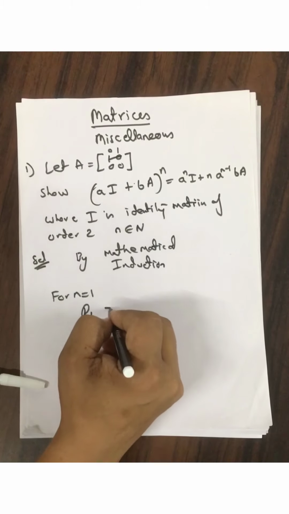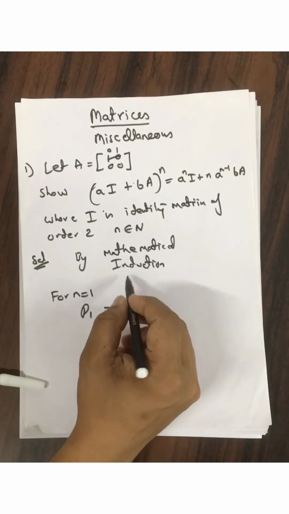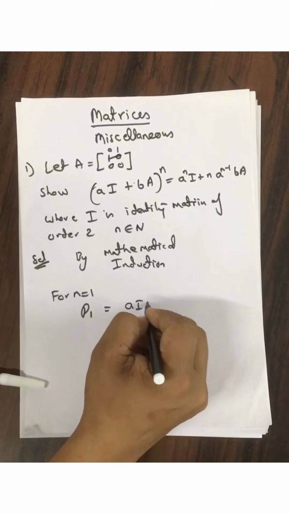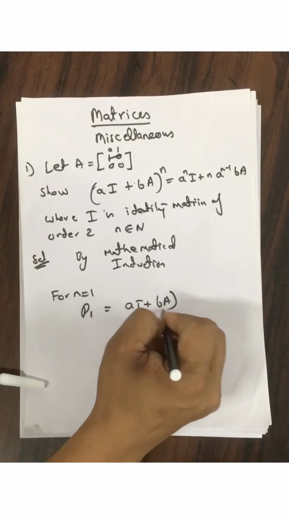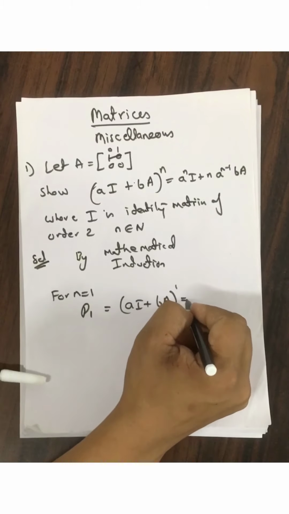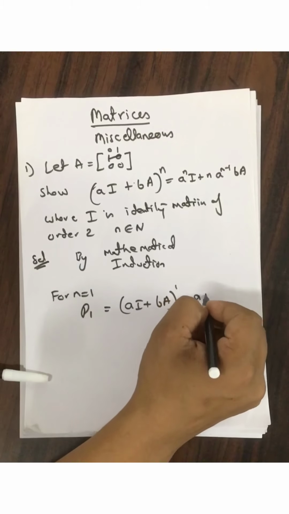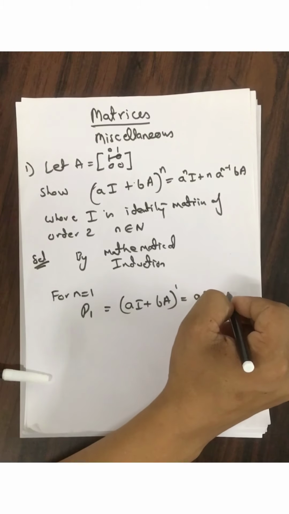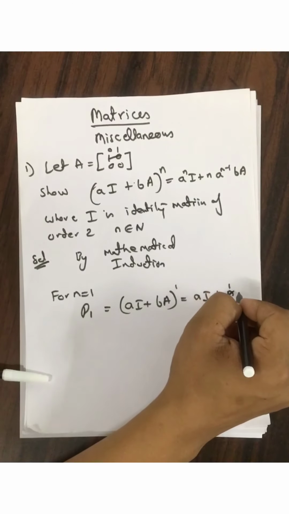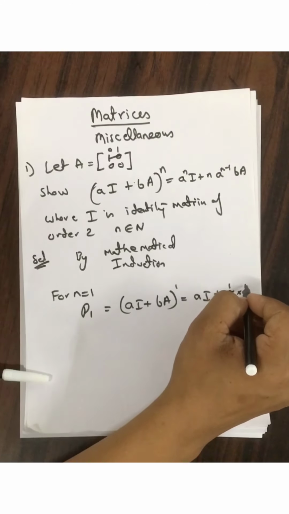We get P1 equals (AI + BA) to the power 1 equals AI plus n is 1, 1 into A to the power 1 minus 1.